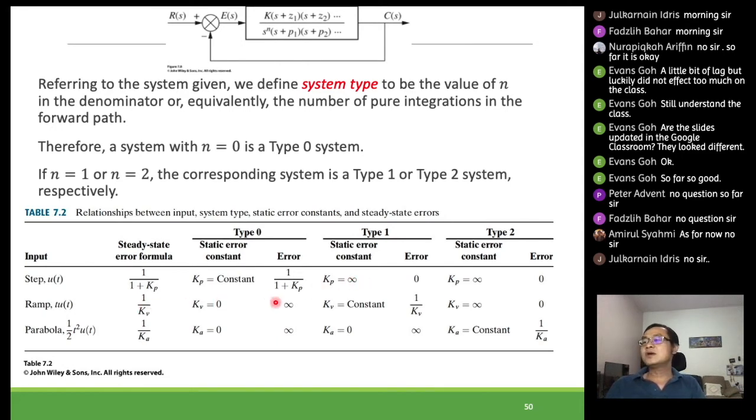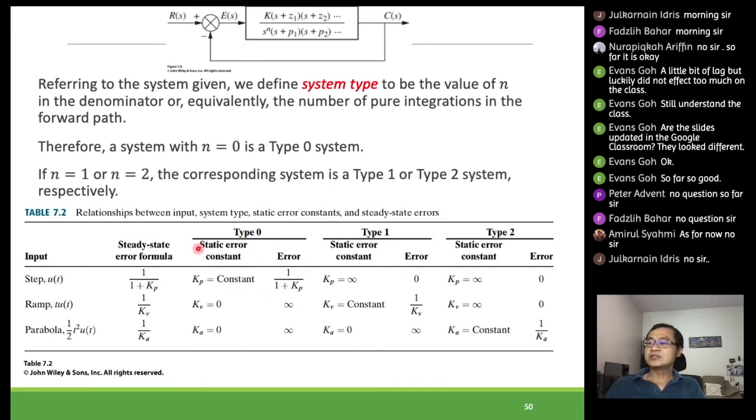But when we change to type 1 and the input is a ramp input, from here we see that for type 0 we get the static error constant equal to 0, and this causes our error to become infinity, right?